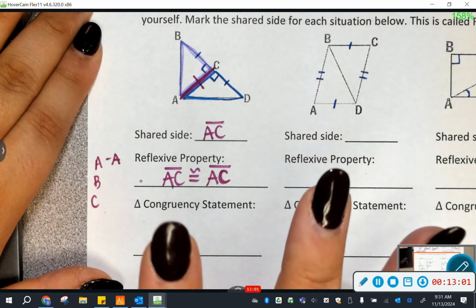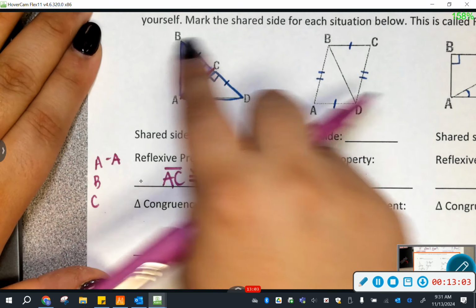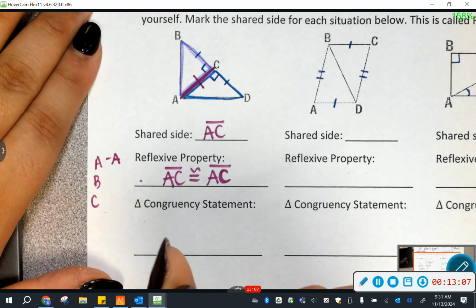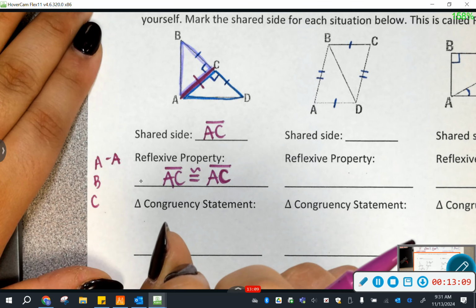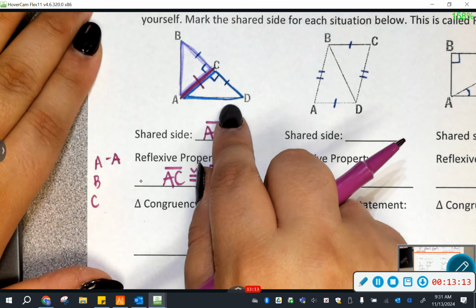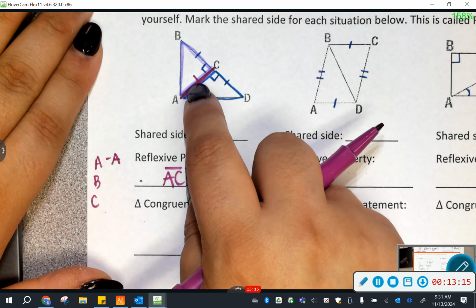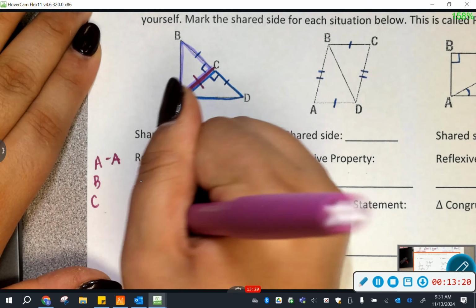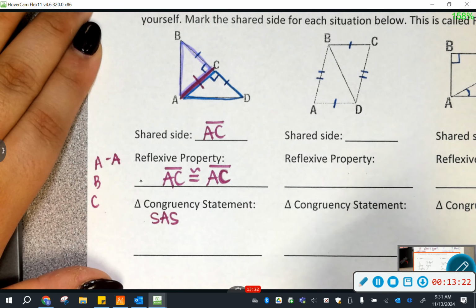Oh, sorry, I forgot to mention something. What type of triangle is this? What case type? Why SAS? I have a side and a side with an angle in the middle. So this is SAS. Are they congruent?